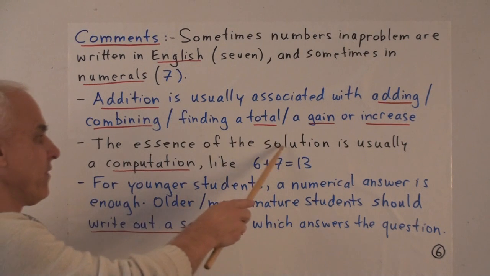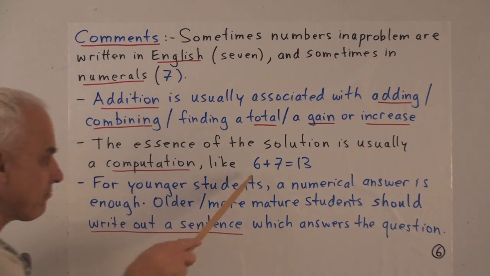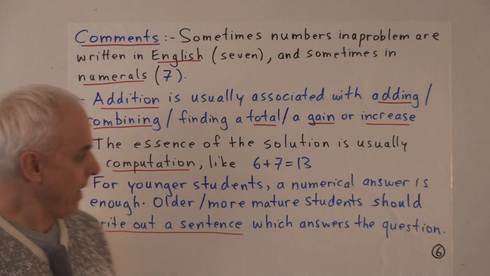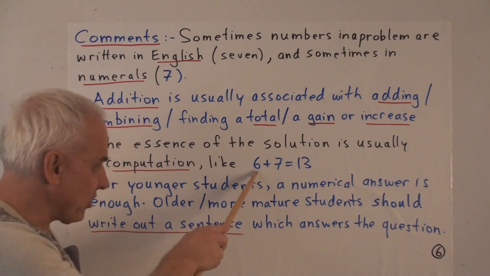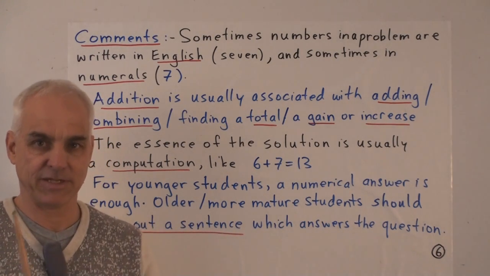The essence of the solution is usually contained in a computation or a calculation, like 6 plus 7 equals 13. And it's quite reasonable, in your solution, to actually write down that calculation explicitly.